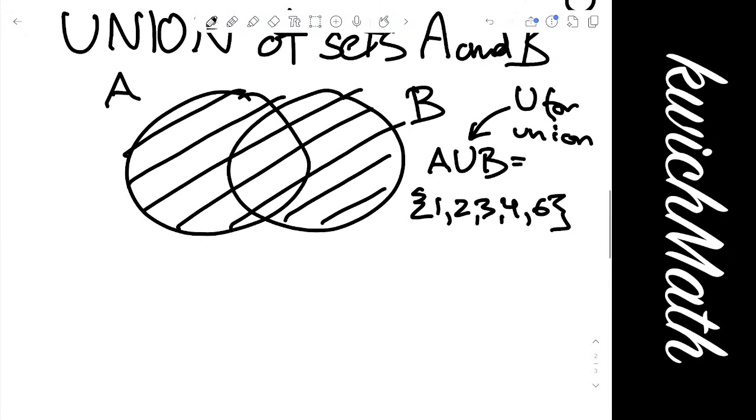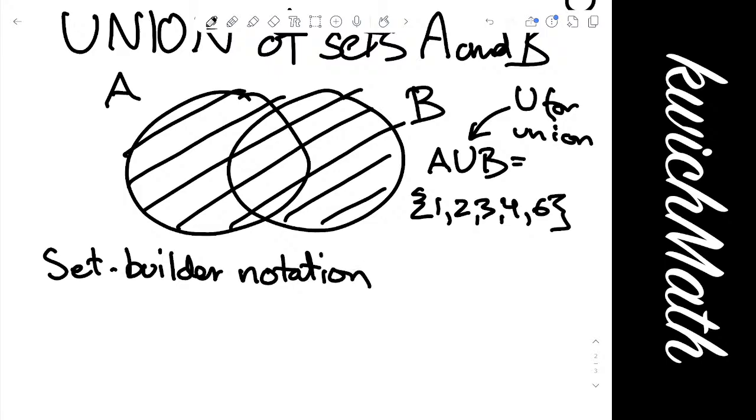What we can do is use what's called set builder notation, or sometimes set comprehension, which is the fancy way of saying stuff.